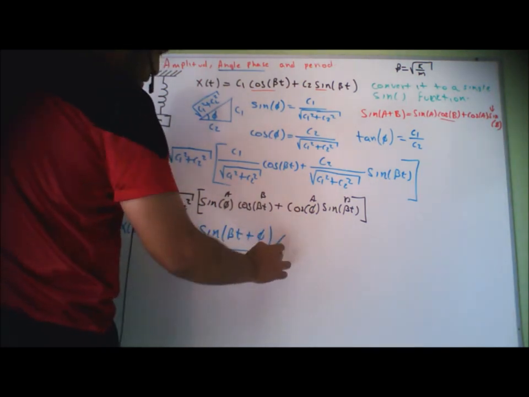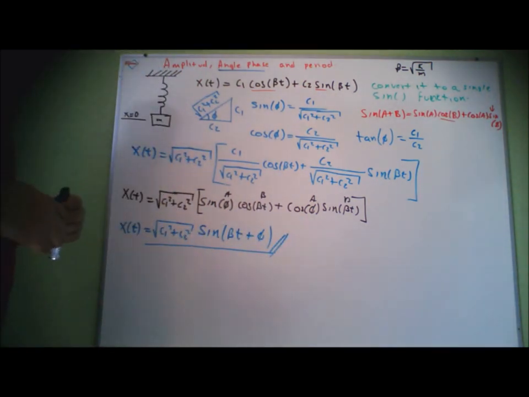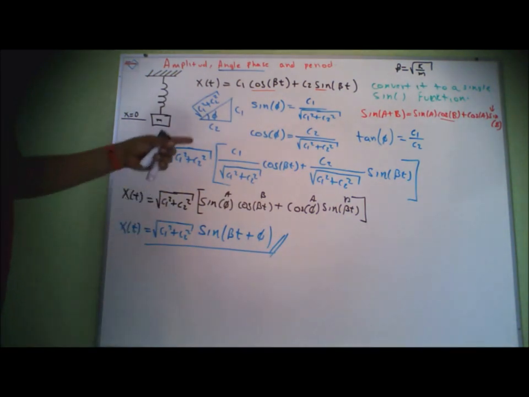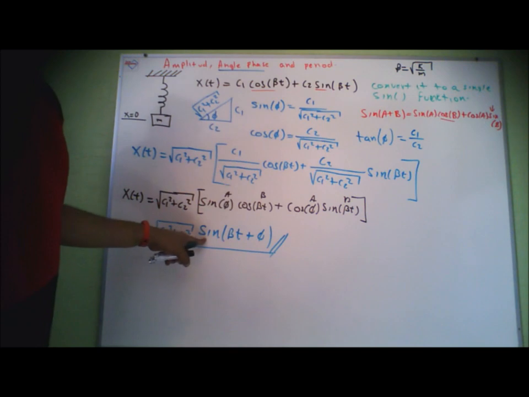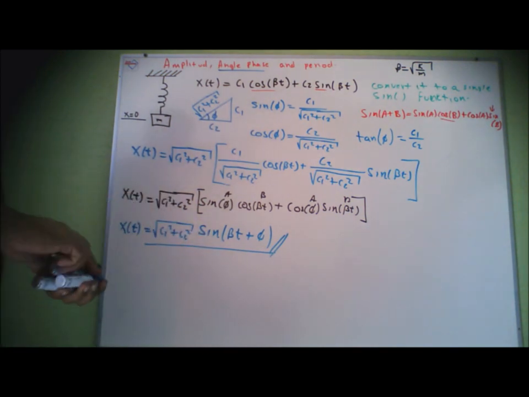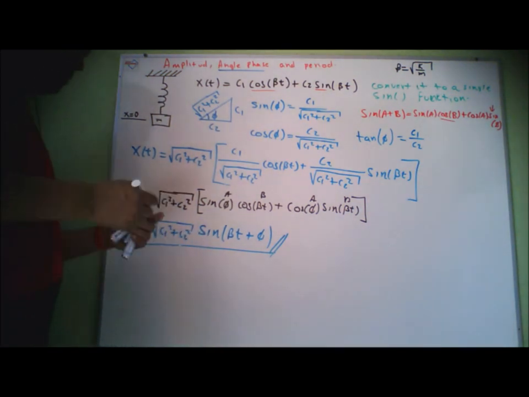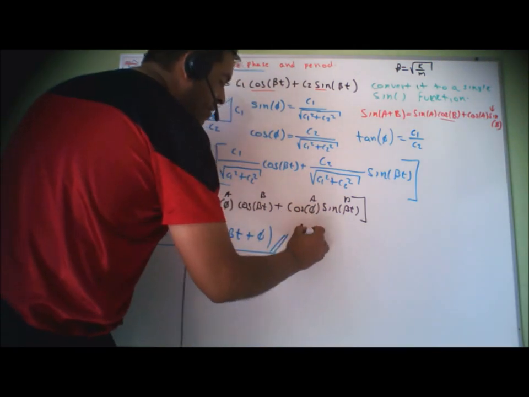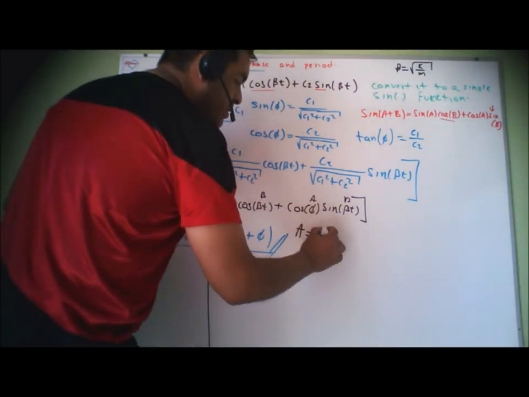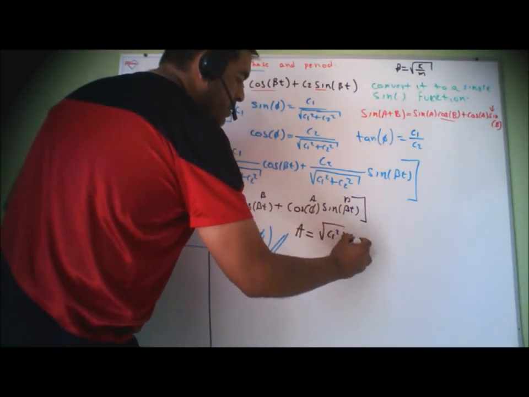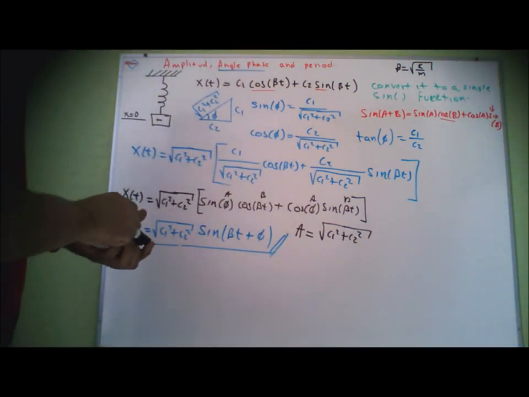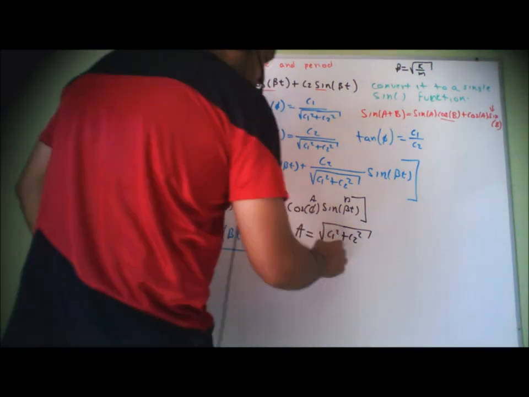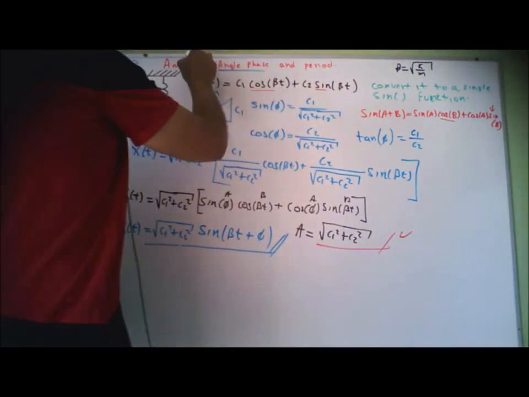So what has happened, engineers, is that instead of having the cosine and sine, we end with a single one. This one is the amplitude. So the amplitude A is just the square root of C1 squared plus C2 squared. So you get your first formula, the amplitude.